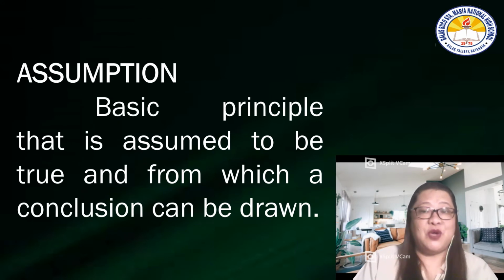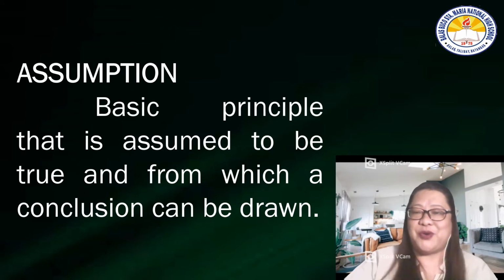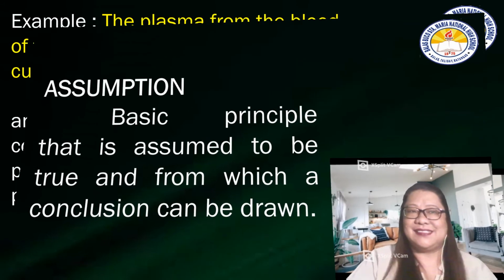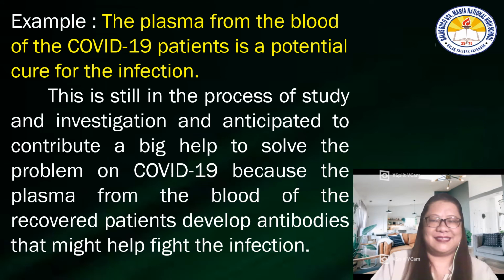Another term used in research is assumption. It is the basic principle that is assumed to be true and from which a conclusion can be drawn. Let us have this example. The plasma from the blood of the COVID-19 patients is a potential cure for the infection.